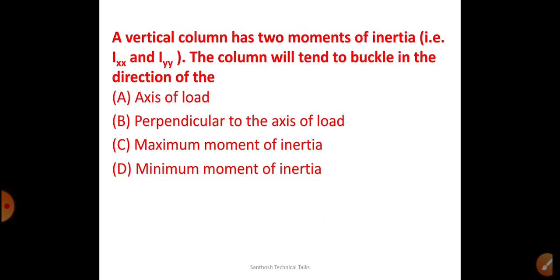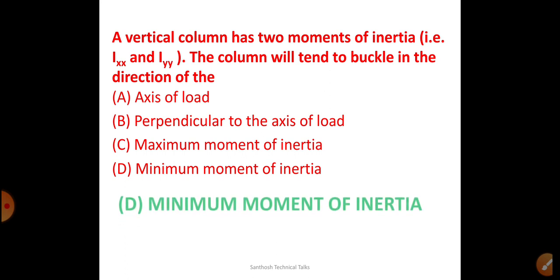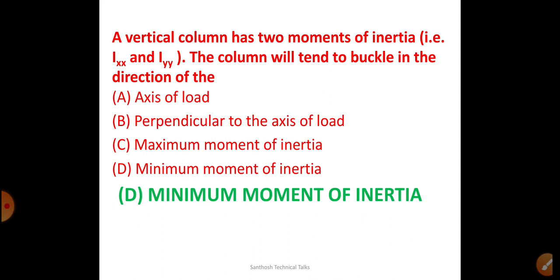And next, a very superb question. A vertical column has two moments of inertia, that is Ixx and Iyy. The column tends to buckle in the direction where it has the minimum moment of inertia. At the maximum side, it won't buckle.